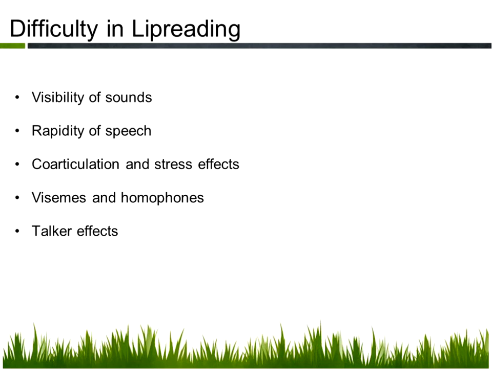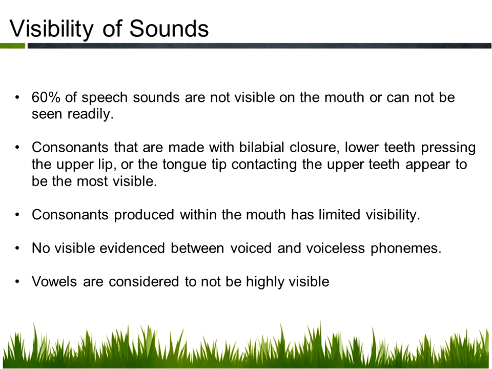The other thing that influences lip reading difficulty is talker effects. Talker effects make some people very hard to lip read. Facial hair, lack of lip movement, chewing gum, smoking cigarettes, a lot of things make some people harder to read than others.